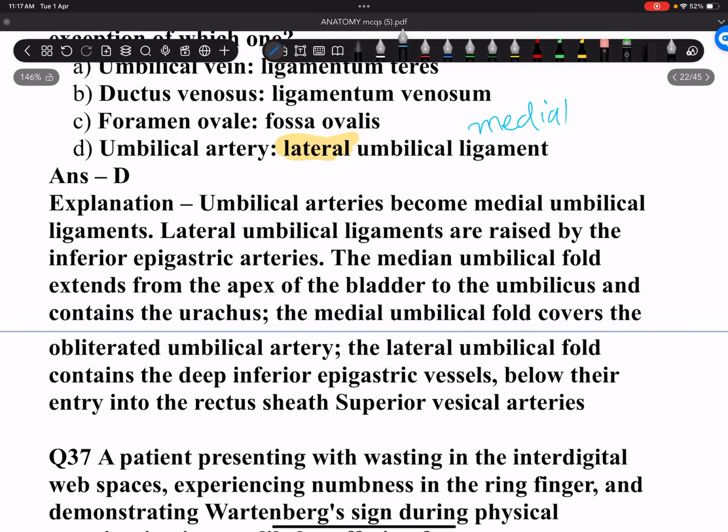Let's go with our explanation. Umbilical arteries become medial umbilical ligaments. Lateral umbilical ligaments are raised by the inferior epigastric artery.